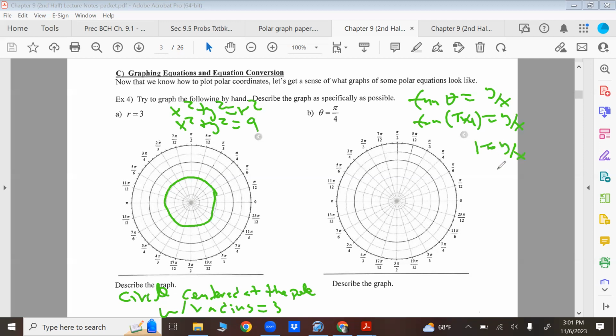That means that y equals x. Just a line that goes on forever. A line through the pole.